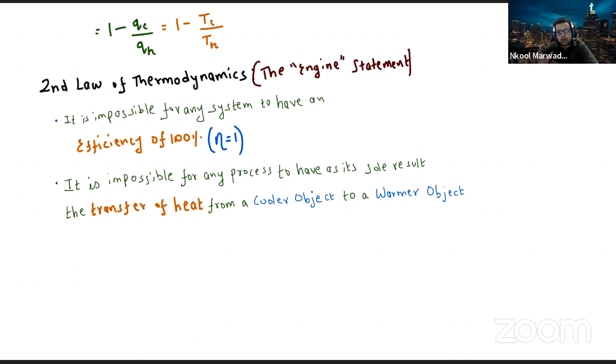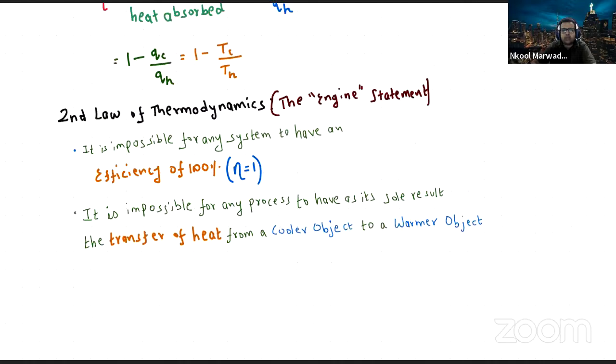Under some external conditions we can make it happen, but naturally, spontaneously, it will never happen. Heat will never transfer from cool object to warm object. So this is the engine statement of the second law, the second law of thermodynamics in the context of a heat engine.